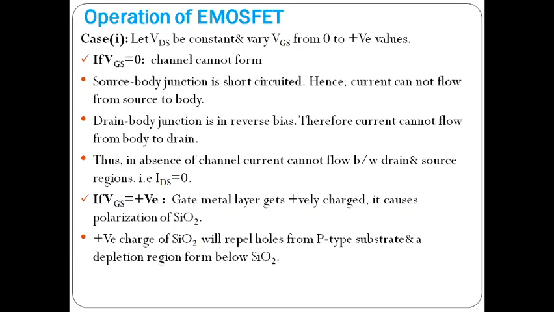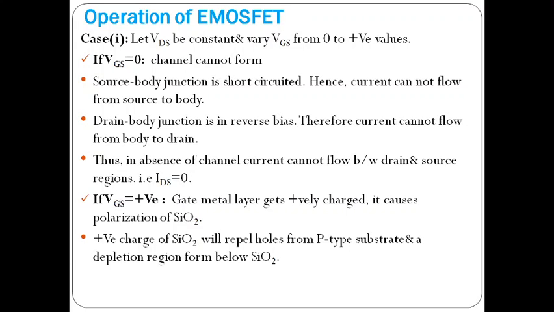The electrons are accumulated below the silicon dioxide layer. These accumulated electrons form a layer called the inversion layer. This inversion layer acts as the channel. When the gate voltage is continuously increased, the density of free electrons in the inversion layer keeps increasing, so the concentration of electrons in the inversion layer increases.